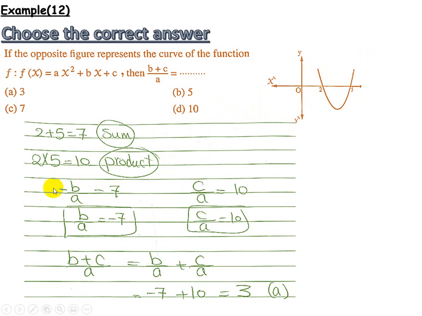Sum of the roots is negative b over a equals 7, so b over a only is negative 7. Product is c over a equals 10. He wants (b plus c) over a. Separate the expression, so it will be b over a plus c over a. Negative 7 plus 10 equals 3. So the answer is choice number A.